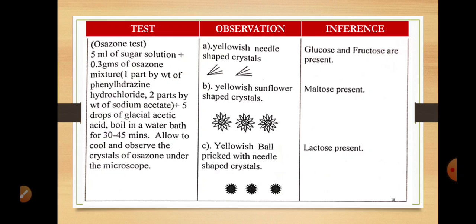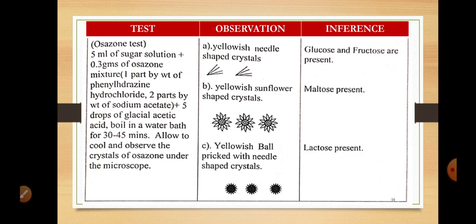So how can you exactly tell? If needle shaped crystals are obtained, and in the previous test you identified the sample as containing an aldose or a ketose, based on that you can clearly tell whether glucose or fructose is present.